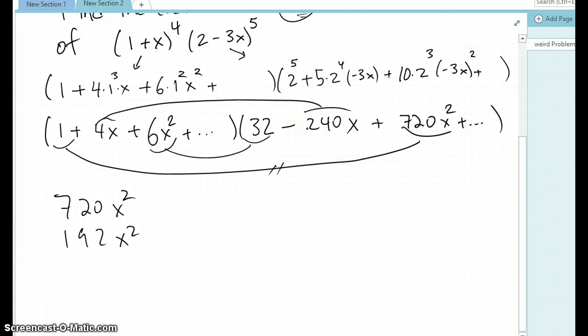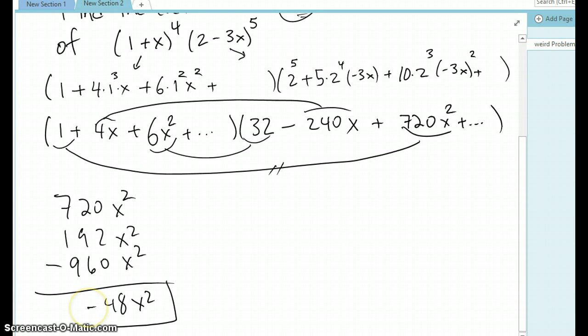And that's going to be negative 960x squared. So those are all the three terms. So if I add those together, I will get negative 48x squared. So that's the answer. The question is, what is the coefficient of x squared? And the answer is negative 48.